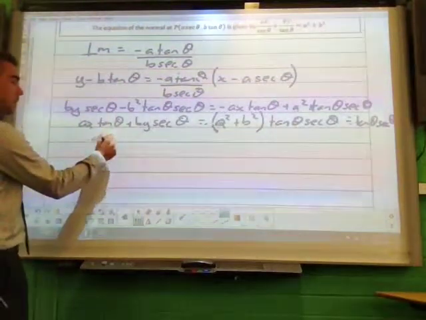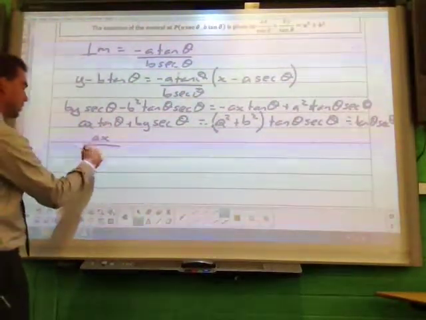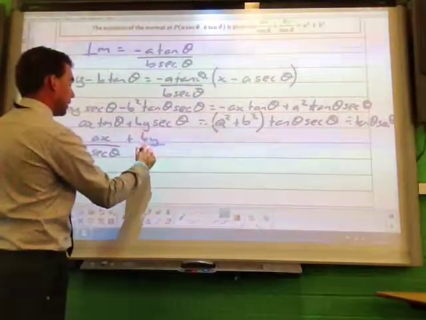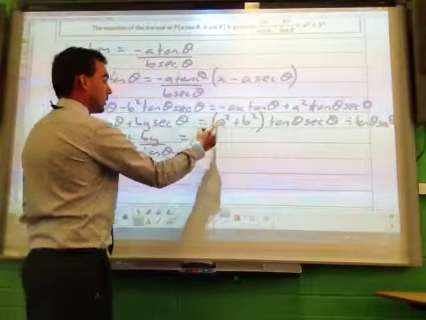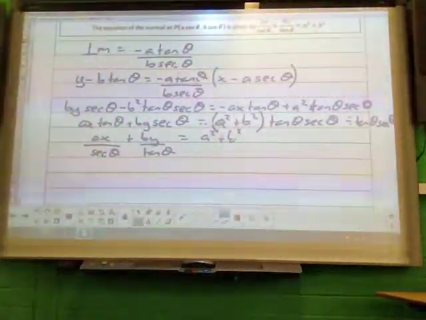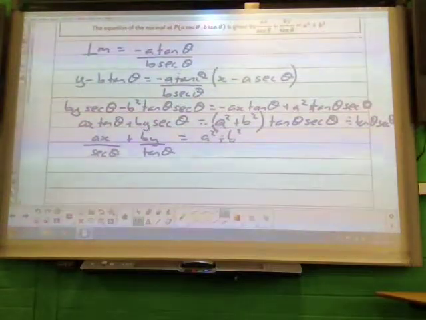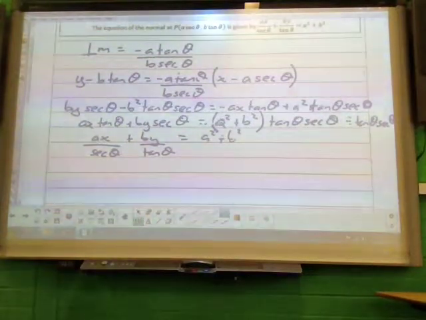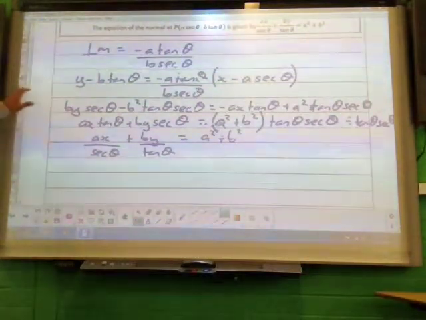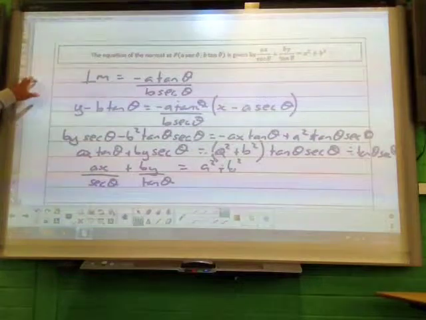So AX over sec theta plus BY over tan theta is going to be A squared plus B squared, as required, good.